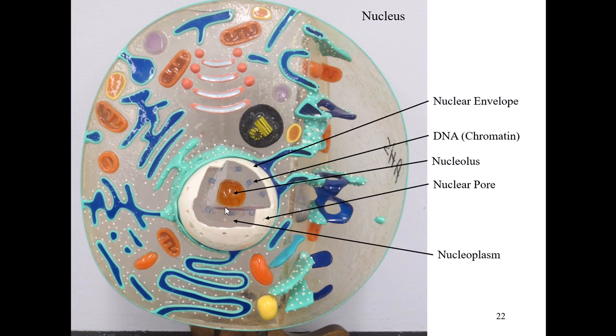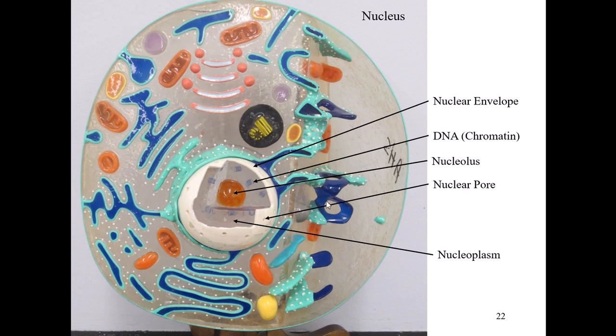We even see inside here these little blue coils are representing the DNA. Now, this structure right here, the nucleolus, is kind of like a pit. It's right in the middle, and for the most part, anything that's involved with protein production is going to be produced here in the nucleolus.